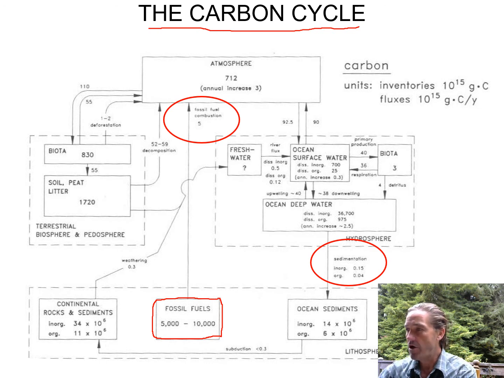And we have this slow sedimentation rate that is not in balance with the extraction of fossil fuels. So this is what's at play. Until we fix this, these two fluxes, either we start pumping carbon down into the lithosphere or we stop bringing it up, this problem is only going to get worse. And so I hope understanding the carbon cycle and its time scale really helps you understand where we're at with climate change.